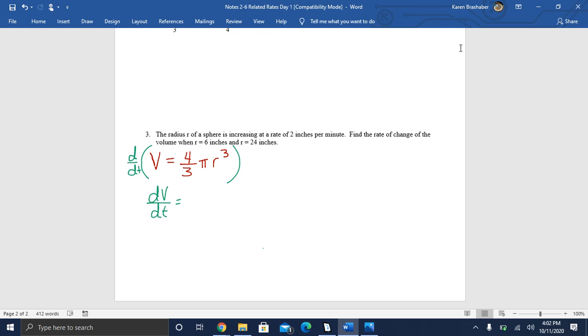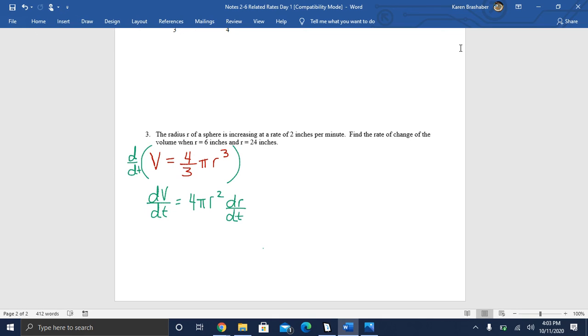As you do this, we really only have r to the third as our variable. So we can do the power rule. So bringing the 3 times the 4/3 pi, the 3's would cancel, and we would have 4 pi r squared. And then since the r is not a t, we'll have to multiply by dr/dt.